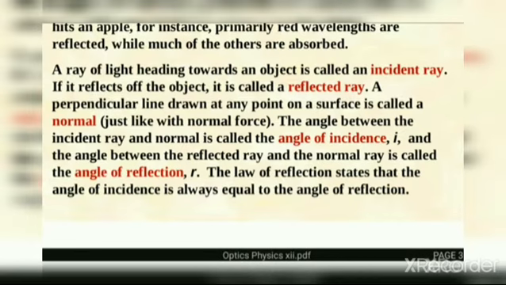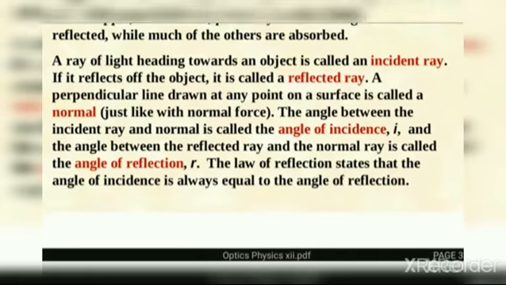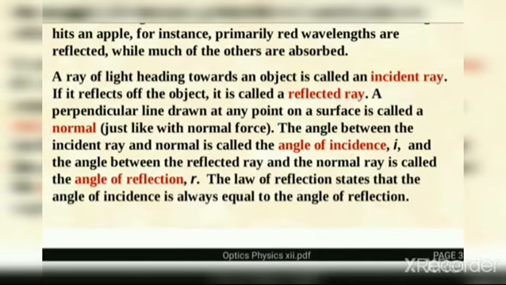Now again quickly revise the law of reflection which I said. In that, all these terms like angle of incidence, angle of reflection, incident ray, and normal drawn at the point of incidence, etc. are being used.